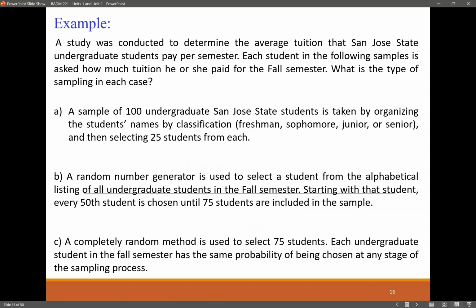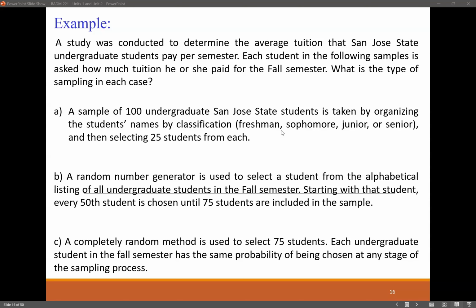Now, based on the sampling definitions you have learned, these are a few questions where you need to identify which sampling it is. A study was conducted to determine the average tuition that San Jose State undergraduate students pay per semester. Each student in the following samples is asked how much tuition he or she paid for the fall semester.